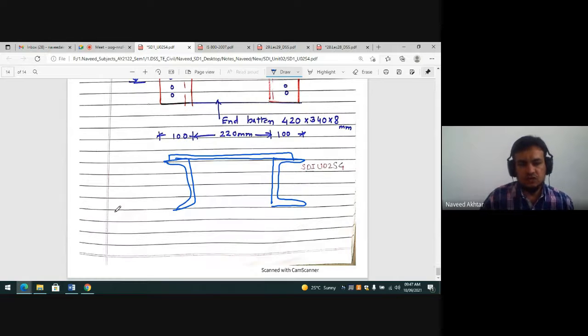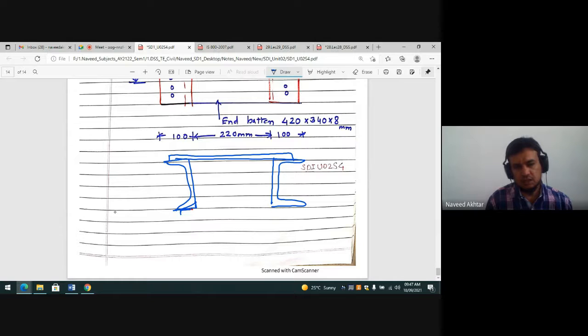So you have to draw this. This is the backing plate, and this is the distance. This distance is CYY.